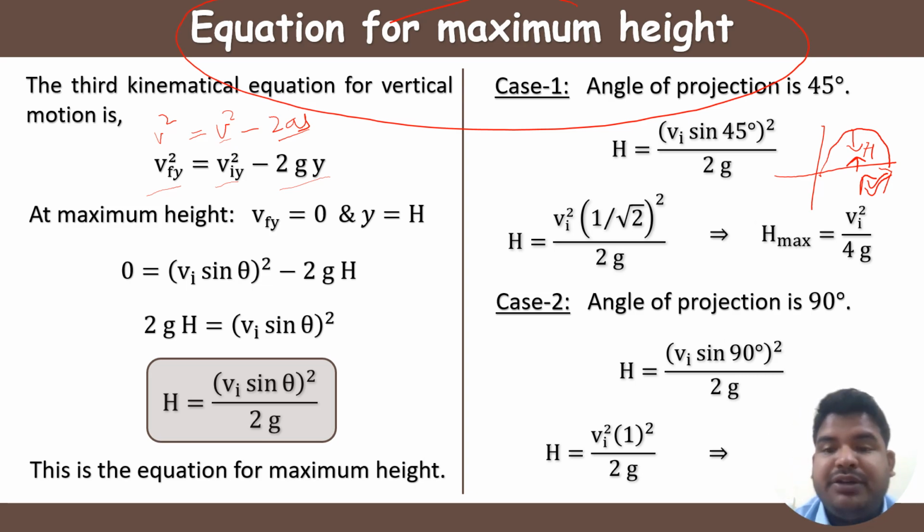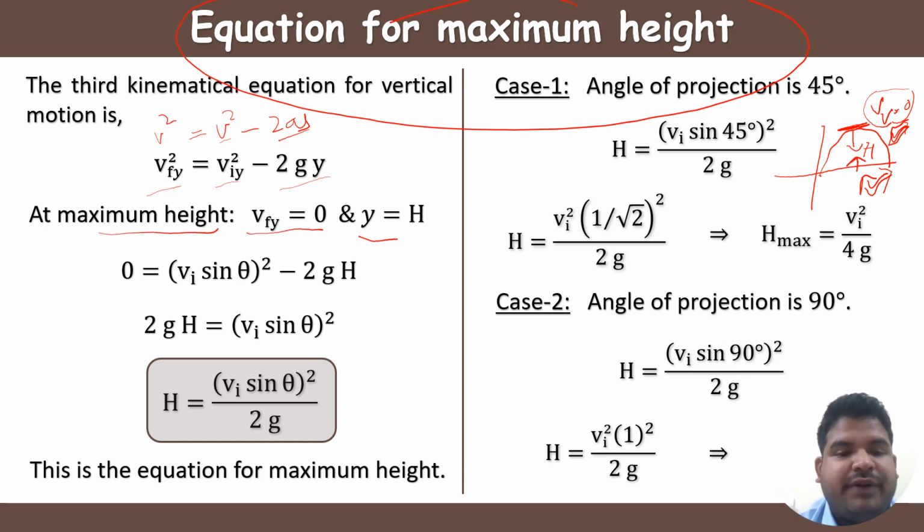At maximum height, you know very well, the vertical velocity becomes 0. Then at maximum height, vy is equal to 0, y is equal to h, s is equal to h.